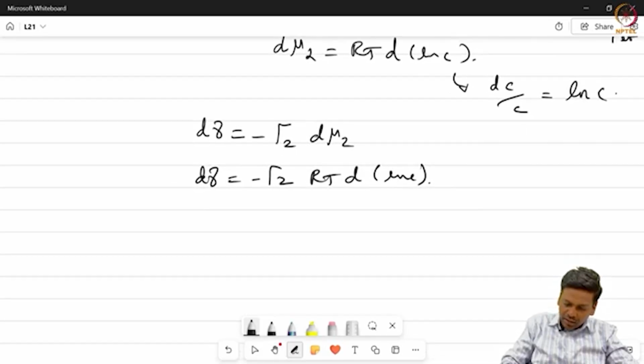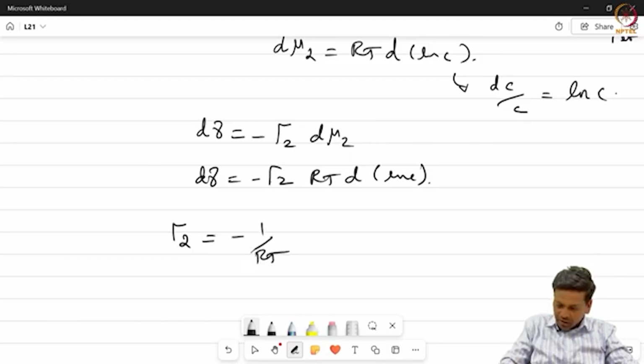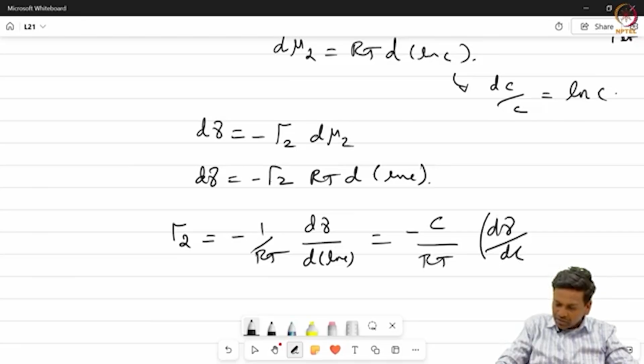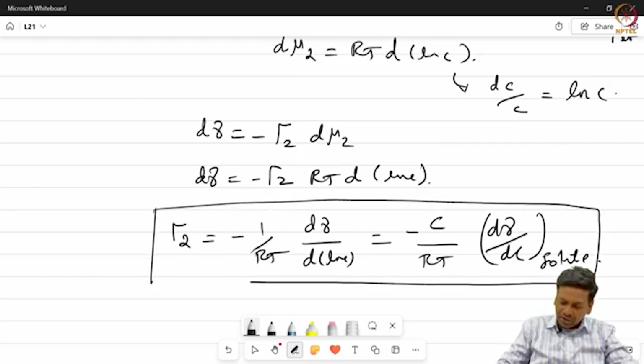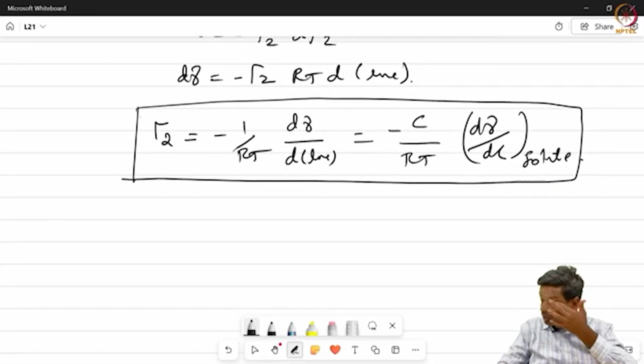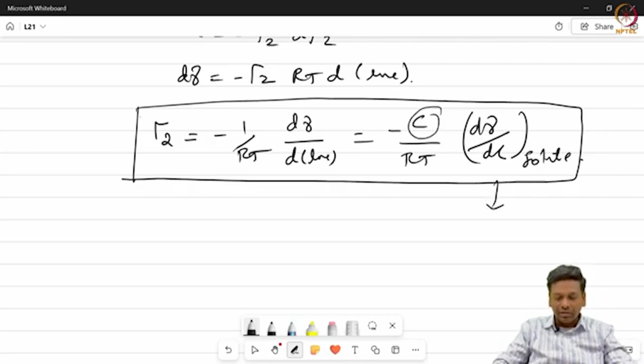So then the surface excess will be minus 1 by RT times d gamma by d ln C. You can also express this as minus C by RT d gamma by dC. So this is for the solute, right? This is our Gibbs adsorption isotherm equation for the solute molecule. So by knowing information such as d gamma by dC at a specific concentration, you can actually measure what is going to be your surface excess per solute.